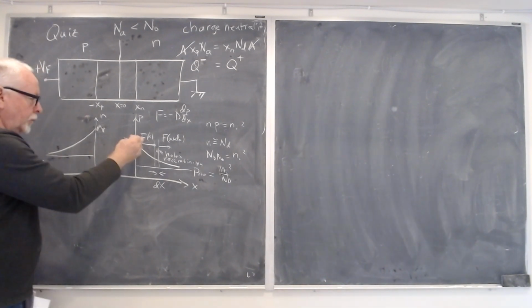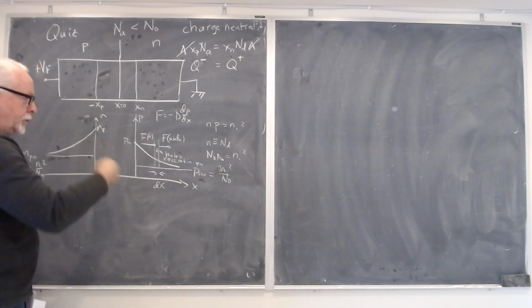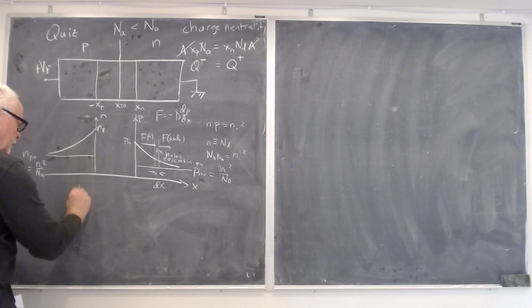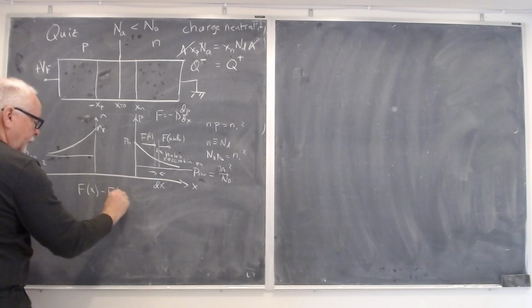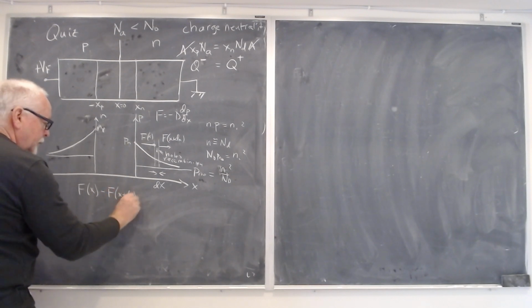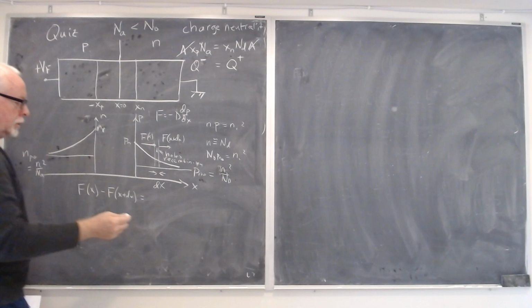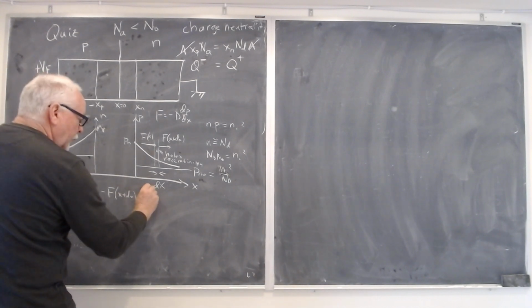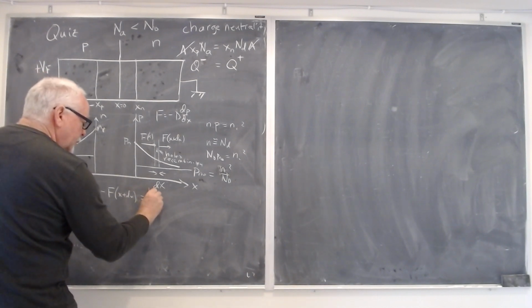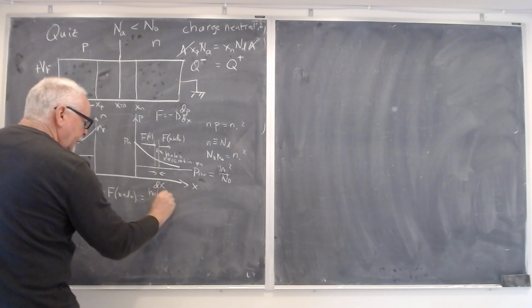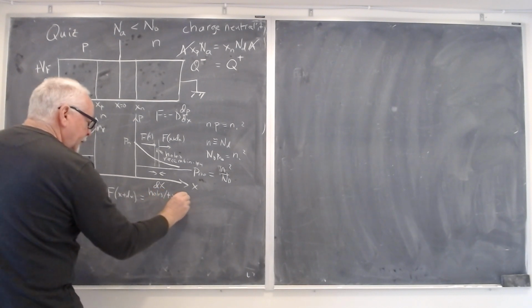And remember, flux is carriers per unit time per unit area. So F of x minus F of x plus dx is equal to the holes per unit time disappearing.